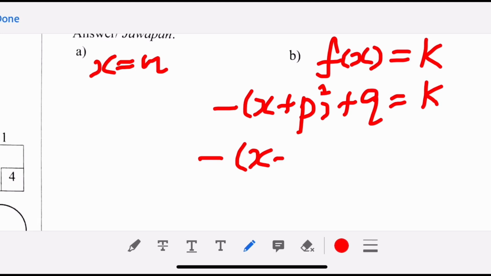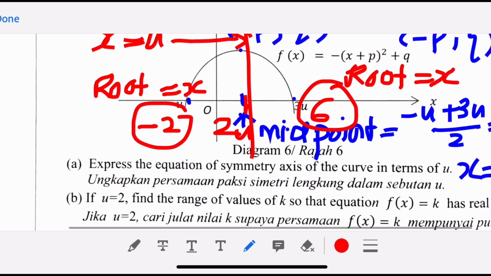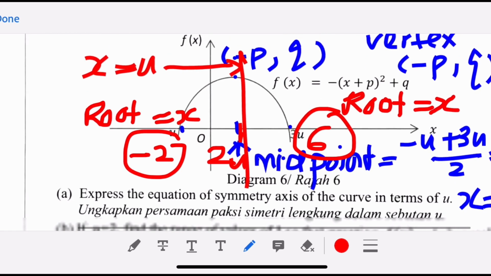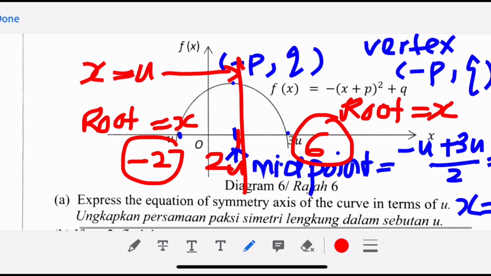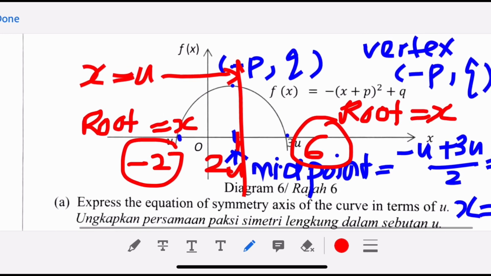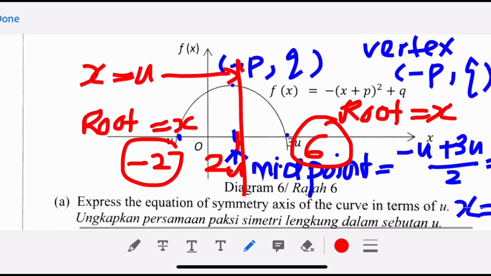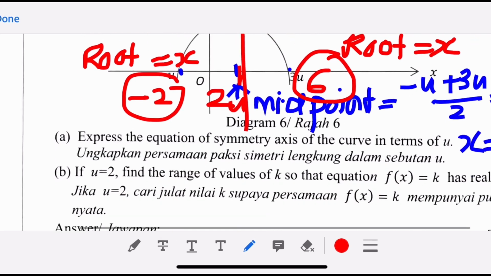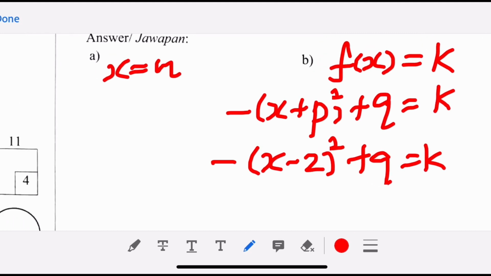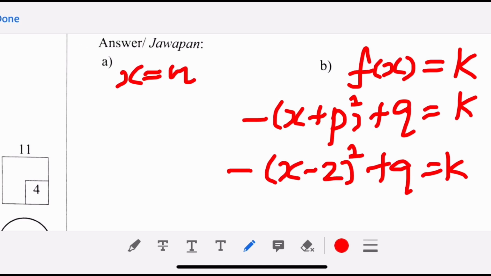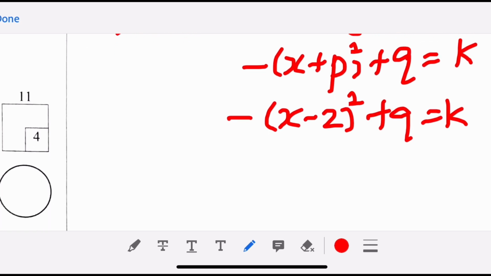So you can use the two roots to form the equation. We substitute p equal to negative 2 plus 6, so you have 6 minus 2, 4, divided by 2. So you get x equal to 2, meaning p is equal to 2. If you substitute into negative (x minus 2) squared plus q equal to k, you will have a problem because you don't have the value of k.